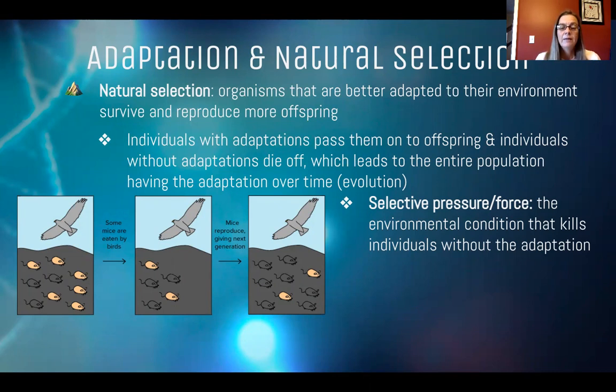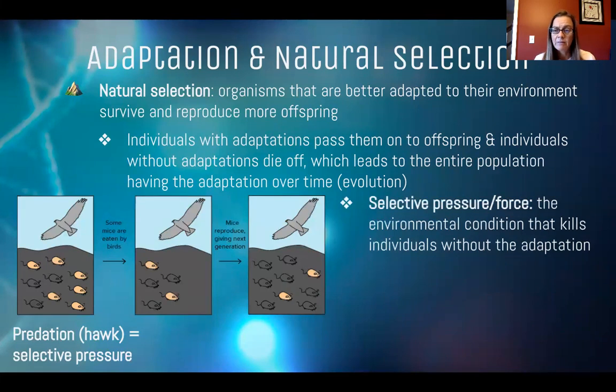The darker mice are going to pass those traits on to their offspring, which means the next generation is going to be darker because that adaptation makes them more likely to survive and reproduce. In this case, our hawk is the selective pressure. So it's really important to remember that genes mutate, individuals adapt, and populations evolve. We cannot talk about an individual as evolving. An individual can only adapt, but a population over time can evolve.